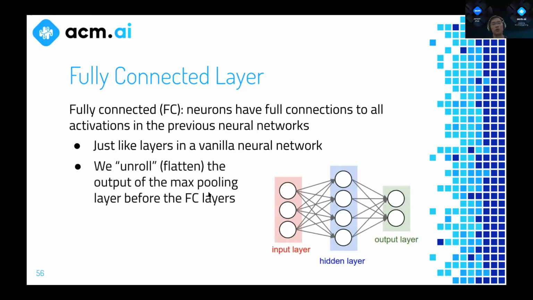Before we can feed the output of our convolutional layers, which is a 3D tensor, into our fully connected layers, we need to first unroll or flatten the output of our previous layer, which is max pooling.